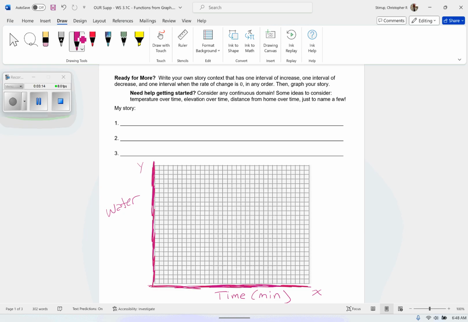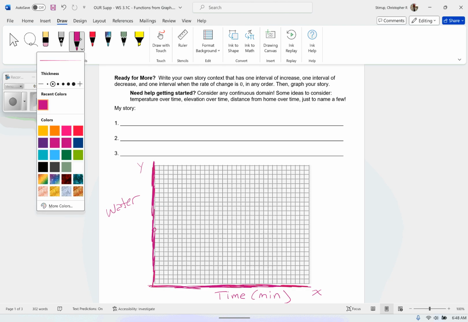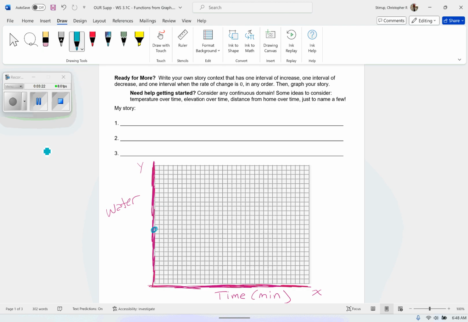So I'm going to draw a little picture. Let's change color to blue. Blue for the water. So I'm going to plot some points. Connect those.